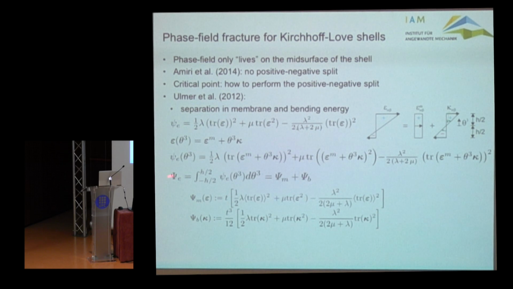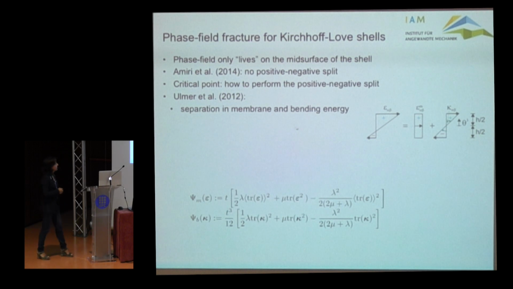And now what you typically do is you integrate in closed form analytically over the thickness, and then you're left with the elastic strain energy density per unit area of the shell, in plane area of the shell, and these are the two components, the membrane elastic strain energy density, and the curvature part.